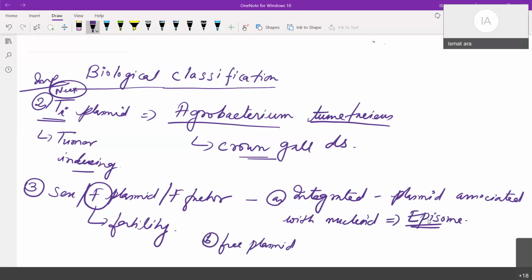Free plasmid means they are not associated with nucleoid.